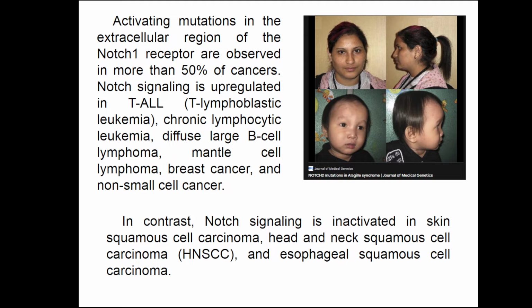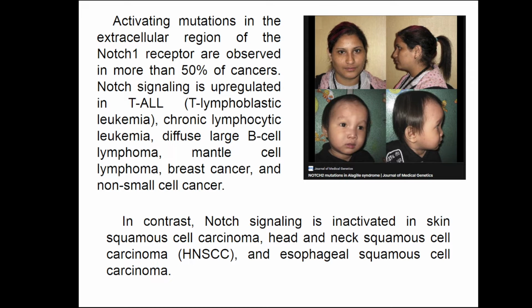On this slide you can look at some photos of patients who have a mutation in this system. Notch1 receptor with mutation does not work as needed, does not work normally, and this is a mutation we can meet in more than 50% of cancers.